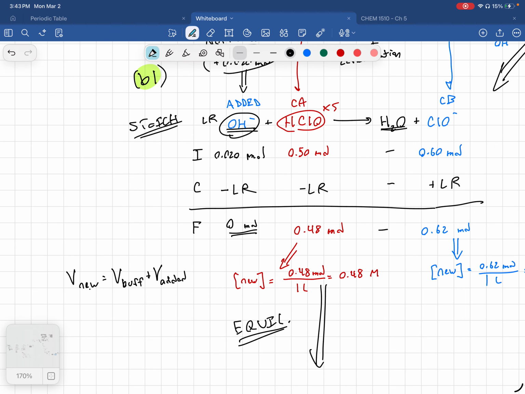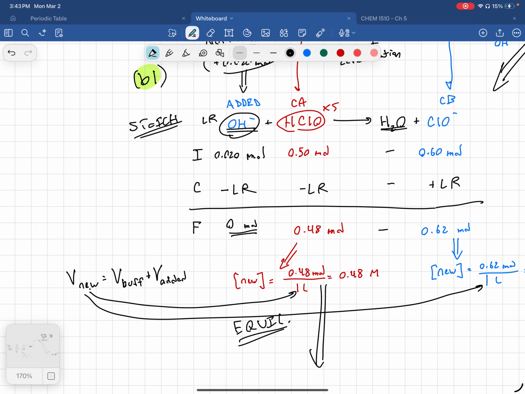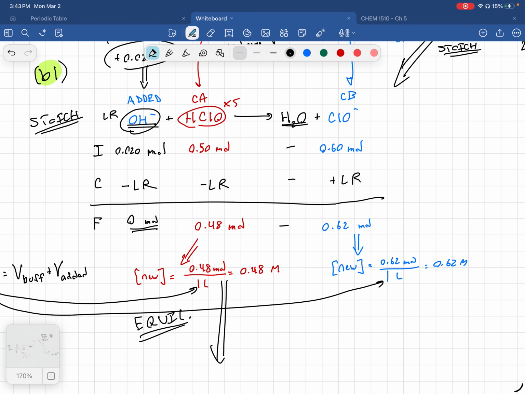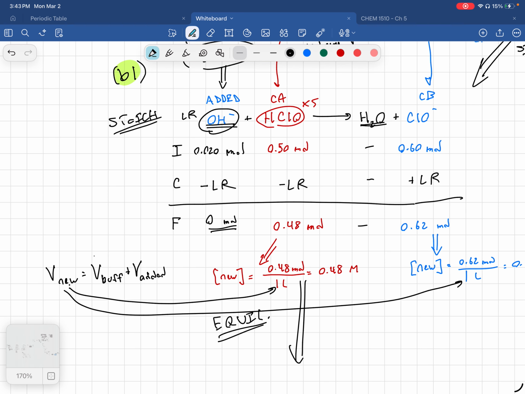And that is what should go on the bottom here when you're calculating your new concentrations. In this case, we said we added OH minus without changing the volume. So that means the volume of the buffer is 1 liter and the volume added is 0 liters, and thus the new volume is also 1 liter.